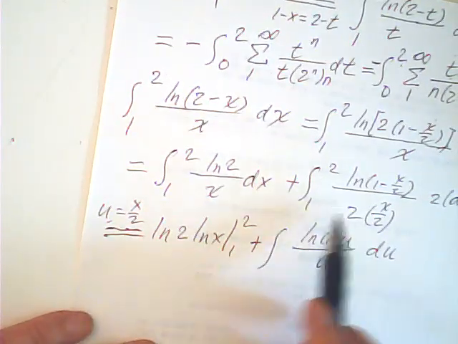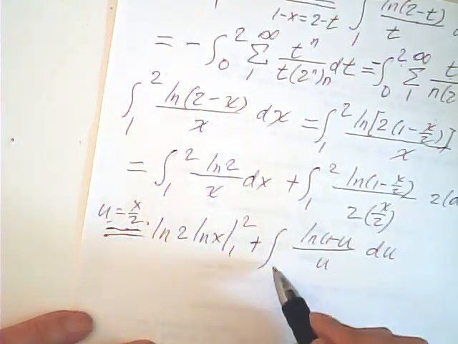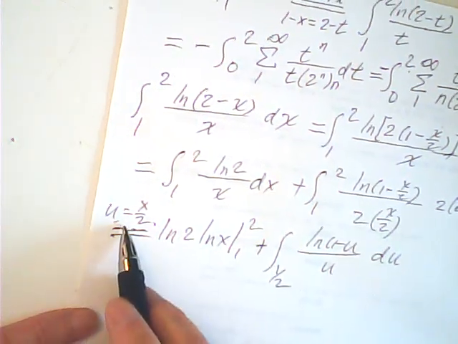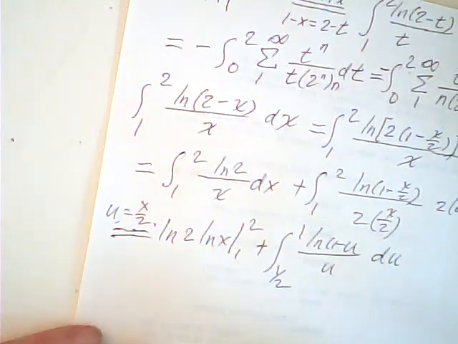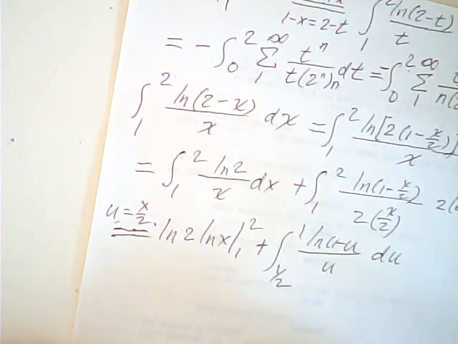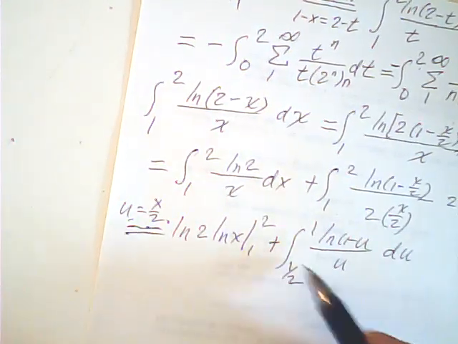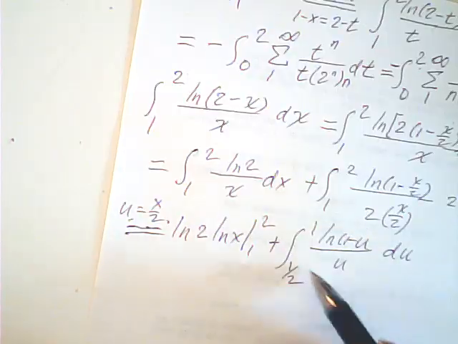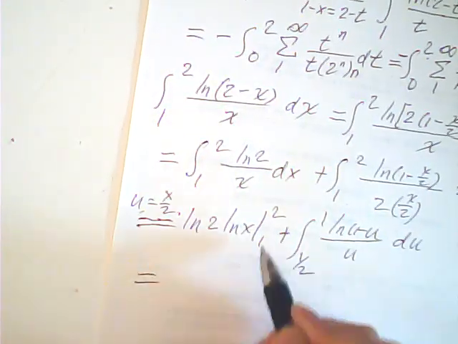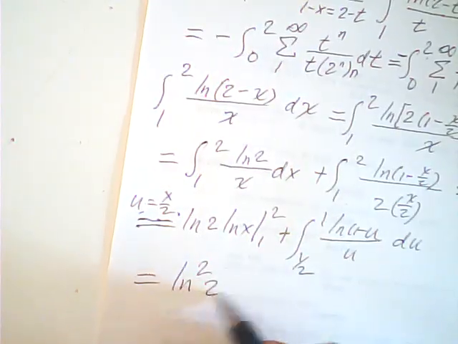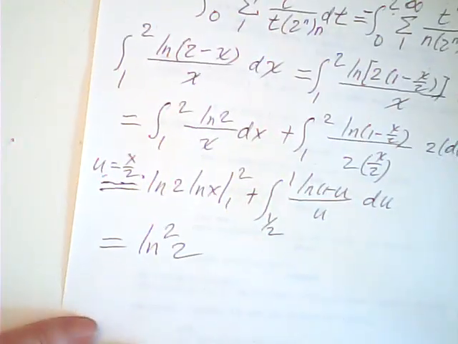And when x equals 1, u is 1 half. When x equals 2, u is 1. Wow. This is good, because that one changed to a series becomes convergent. So this is equal to log square 2, right? Very good.